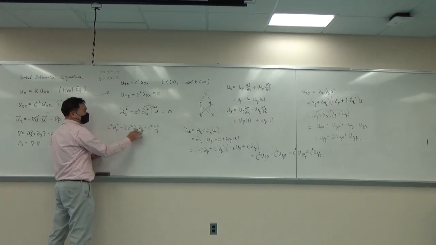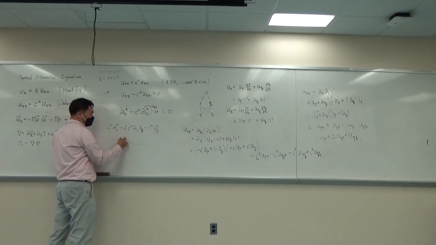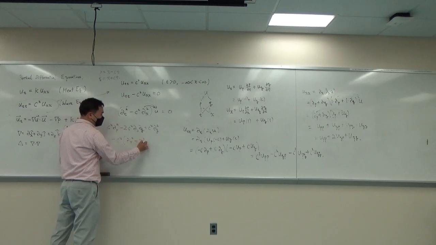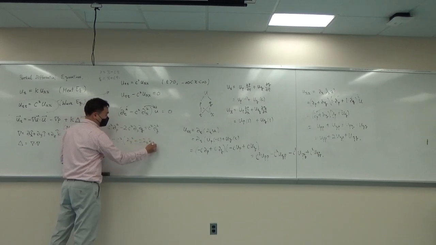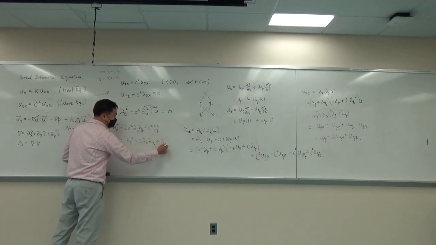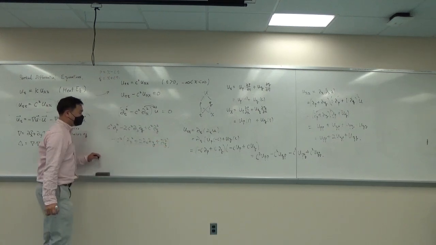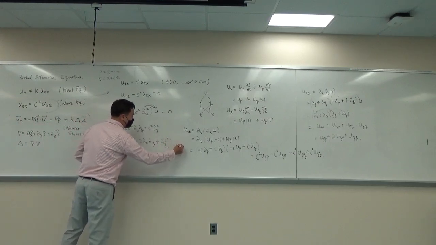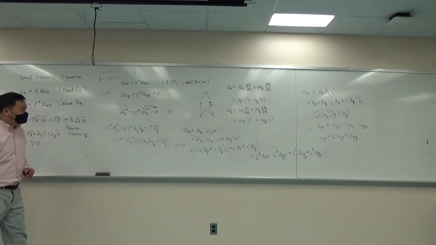So this much is partial t squared. Then minus c squared partial p squared plus 2 partial p partial q, and then plus partial q squared, all applied to u equal to 0.